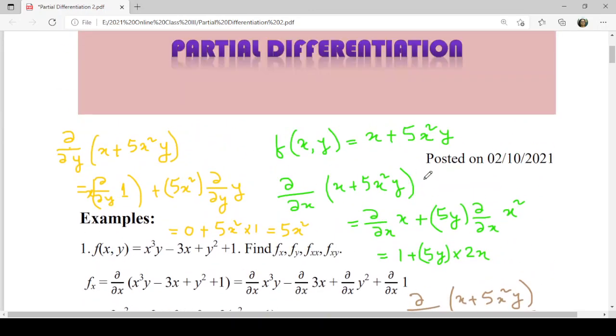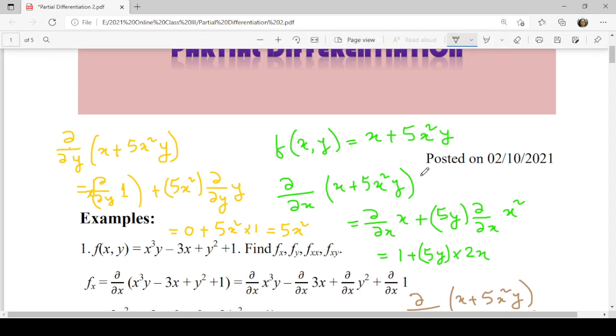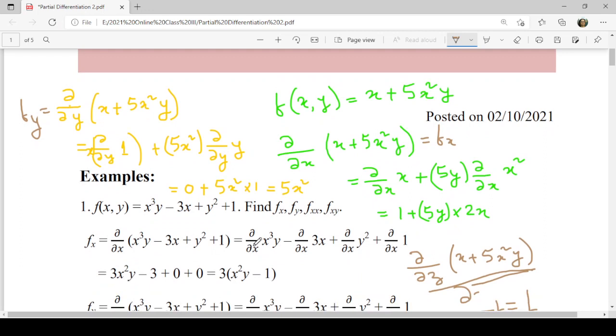Also we can write f y, with suffix y. So f y is del y of x plus 5x square y, the partial derivative of f with respect to y. So for example number 1, the function is x cube y minus thrice x plus y square plus 1.